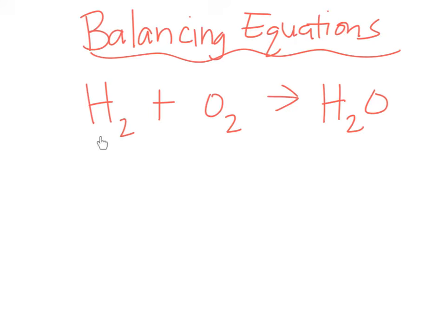The number of H's and O's have to match up on both sides of the arrow so that our chemical reaction is balanced. Remember, this is the law of conservation. Whatever amount of atoms we start out with, we're going to end up with the same amount of atoms on the other side. There's a couple ways that you can do this.